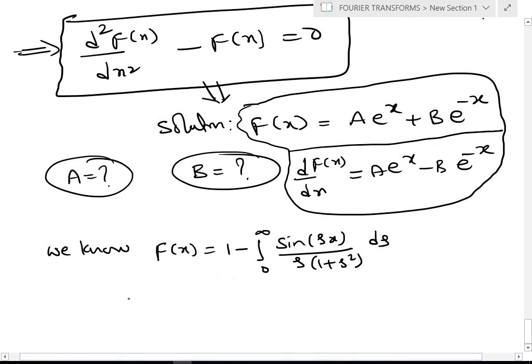When I substitute x equal to 0, this entire integral will become 0. I'll get f(x) equal to 1. So I got one boundary condition.